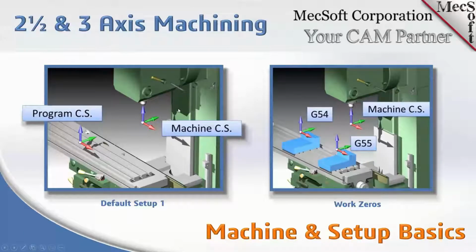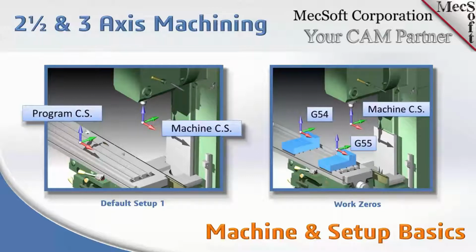Now, we'll talk very briefly about the machine and the setup. We've got two graphics here. The one on the left shows the default setup when you run the product.